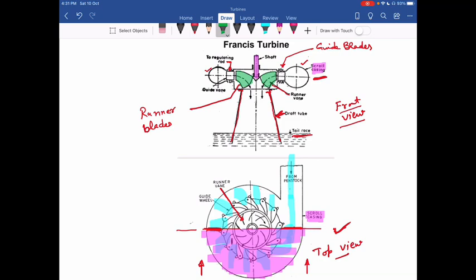So water enters through the casing, okay, and then it first enters the guide vanes, and then through the runner vanes, it goes to the draft tube, and then to the tail race. Similarly, from casing to guide blades, then to runner blades, to draft tube, and then to the tail race.